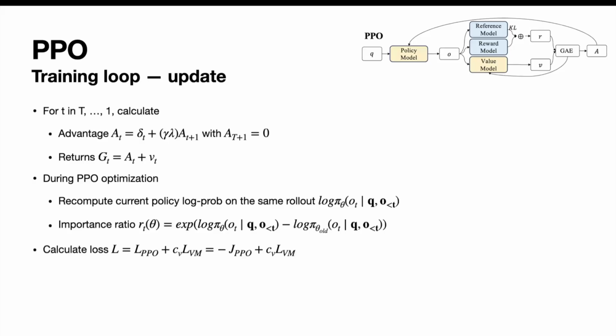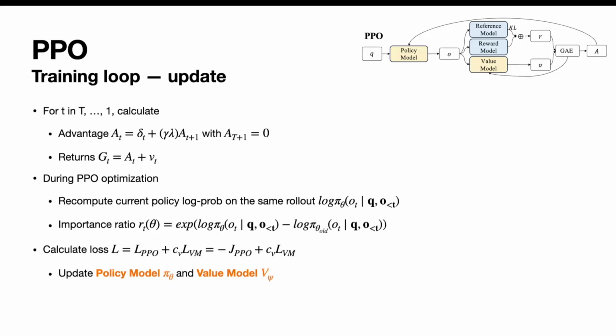Finally, we calculate the training loss. Since the PPO objective is something we want to maximize, in implementation, we minimize the negative PPO objective. We also add the value model loss weighted by a coefficient c_t.